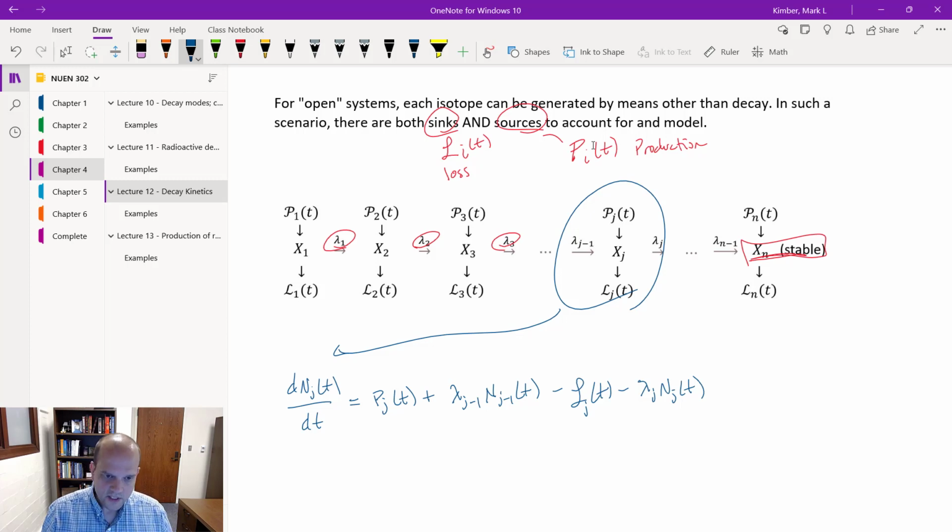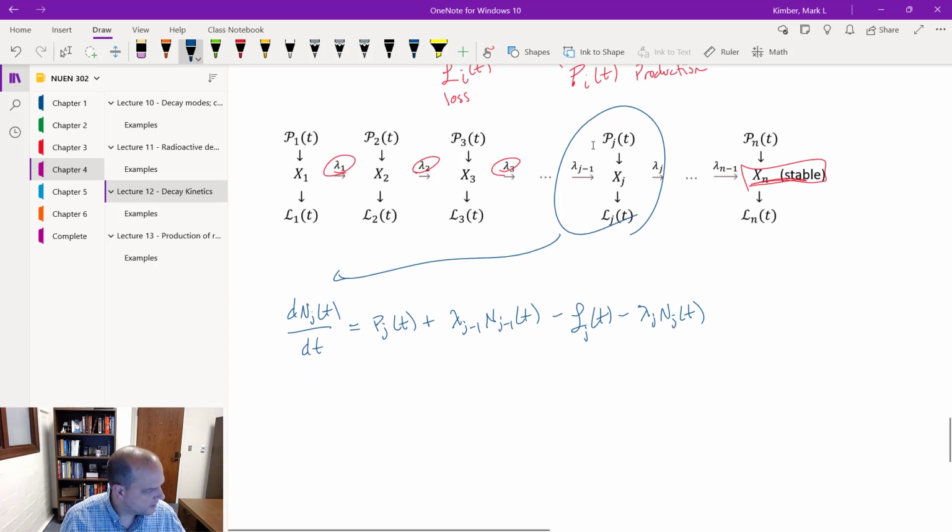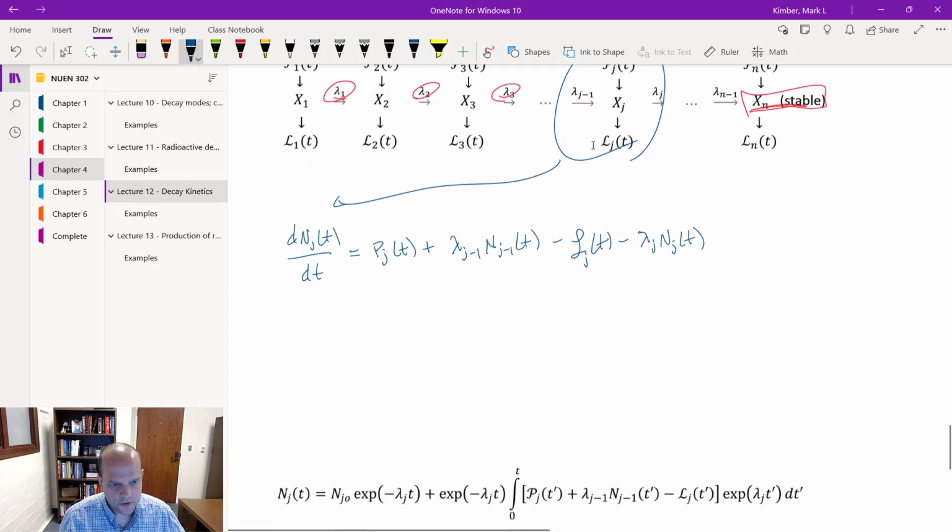And so this is the expression I would have for every one of these isotopes except for the first one and the last one. So all the internal, if you will, isotopes in this decay chain, they're going to look exactly like this expression here, just with different values of j, j equals 2 through j equals n minus 1. And so for the first one and the last one, I just need to treat these differently.